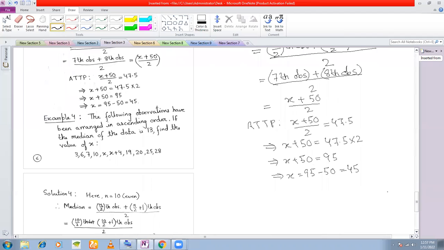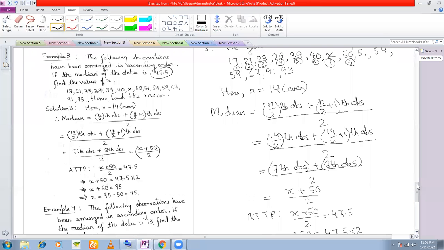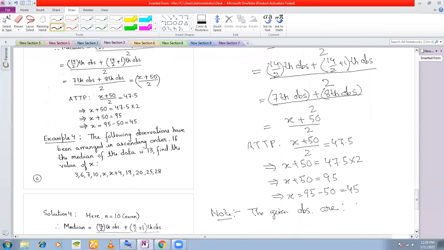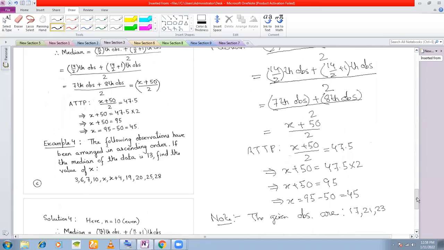Okay, so note. You write down the observations. The given observations are 17, 21, 23, 29, 39, 40.